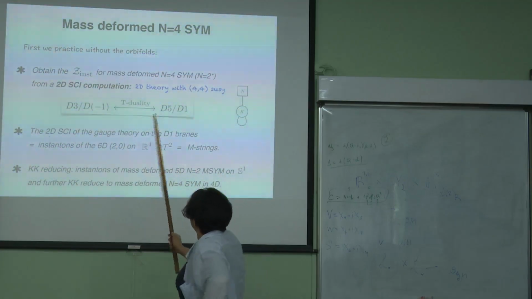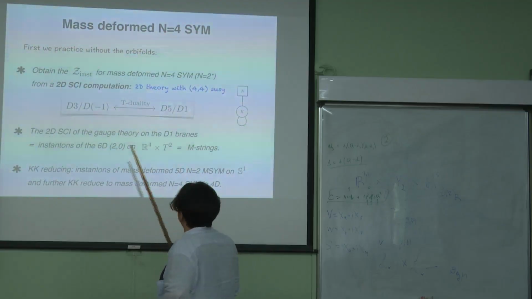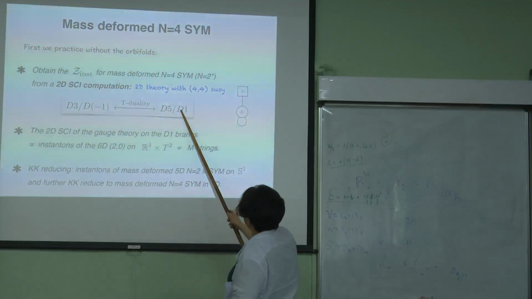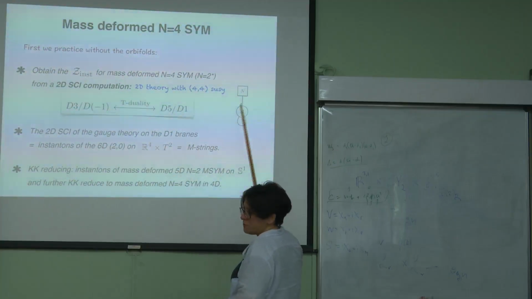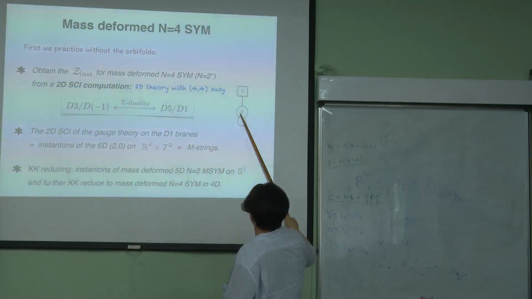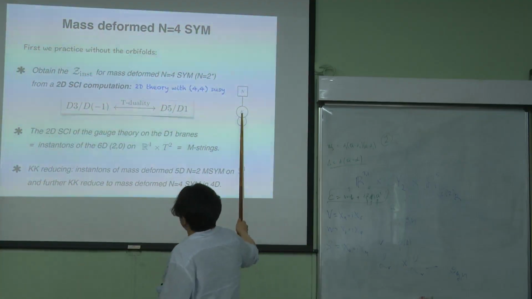So first, let's just take the D5-D1 brane system. The gauge theory that lives on this is this. Here I am using some (4,4) notation, so this is a (4,4) vector multiplet and so on. I write this thing down.